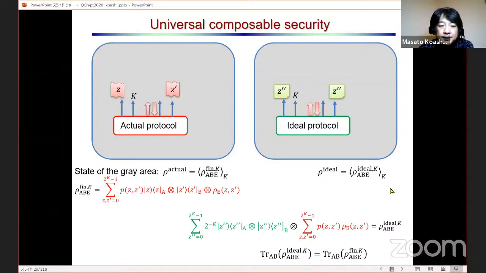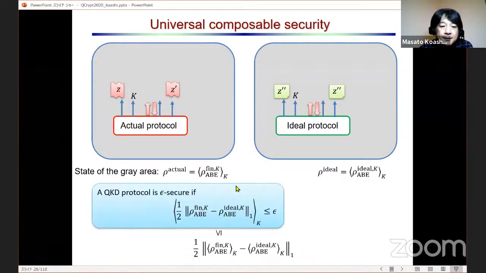The actual state was given by some average over the key length k here, and the ideal state is given by this. So epsilon security in the QKD protocol looks like this: the trace distance is smaller than epsilon.